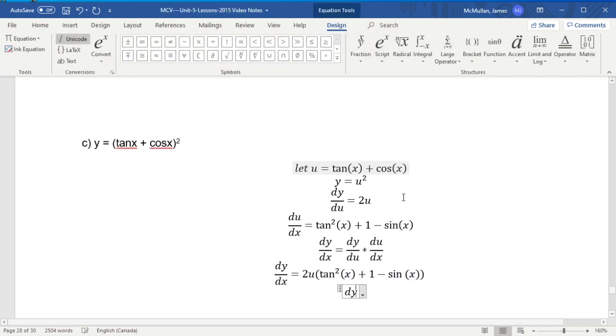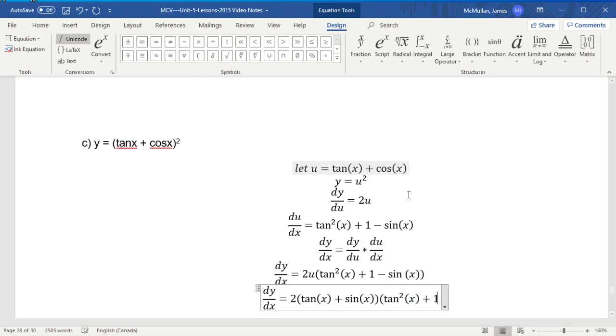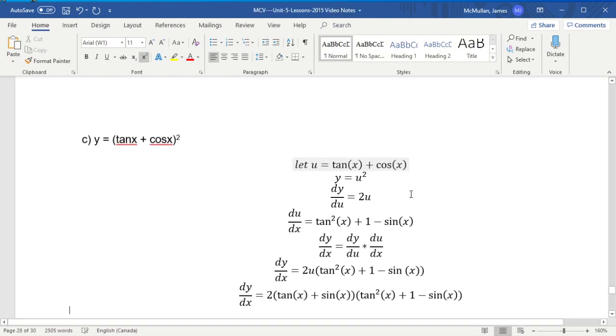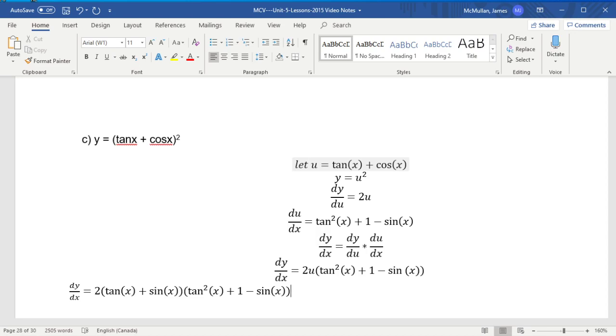And then I'm going to replace the u with what it's equal to, tan x plus sine x. Bracket tan squared x plus 1, take away sine x. Okay, and that is our final answer.